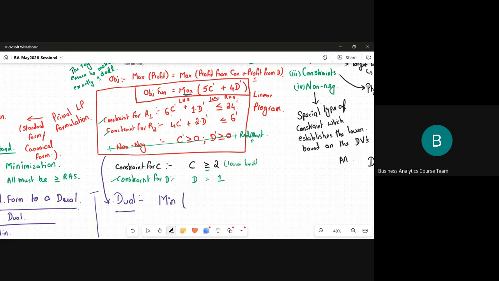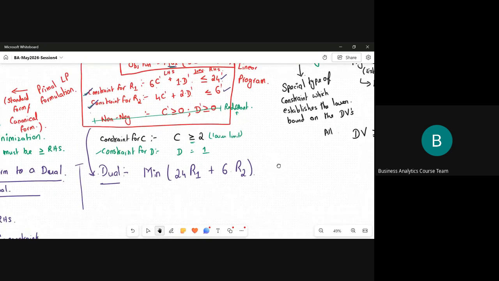How many decision variables will I have? I will have two decision variables. So R1 is one decision variable and R2 is another decision variable. What is going to be my coefficient? 24 and 6 will become my coefficients. Okay. Then what is my constraint number 1?